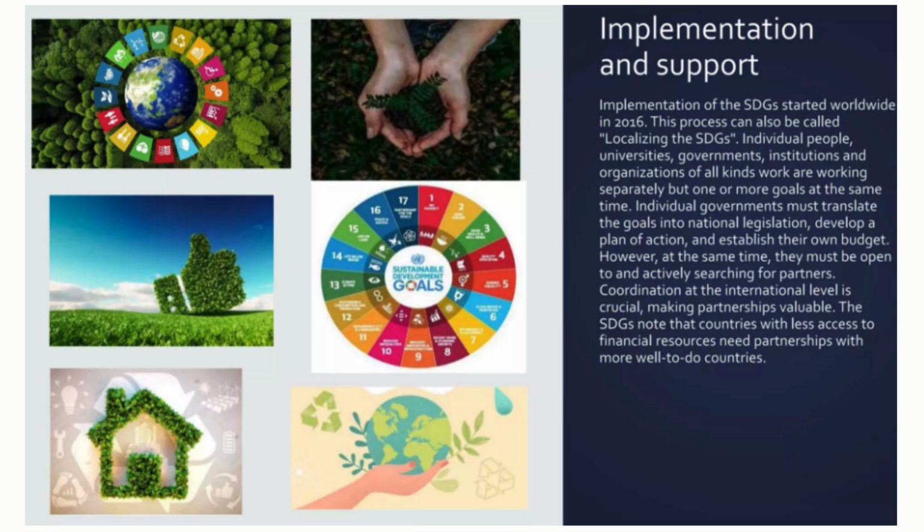Individual governments must translate the goals into national legislation, develop a plan of action, and establish their own budget. However, at the same time, they must be open to and actively searching for partners. Coordination at the international level is crucial, making partnerships valuable. The SDGs note that countries with less access to financial resources need partnerships with more well to do countries.